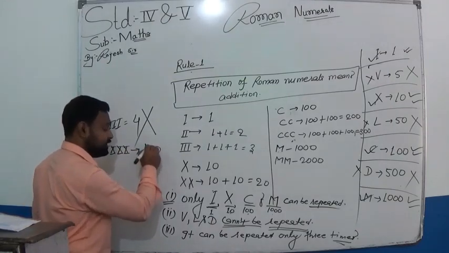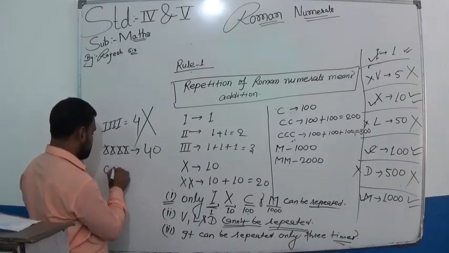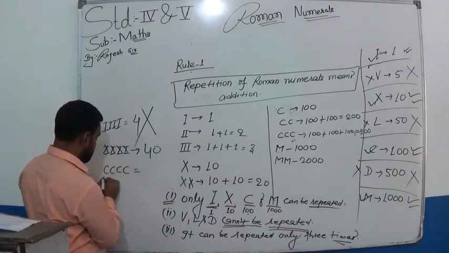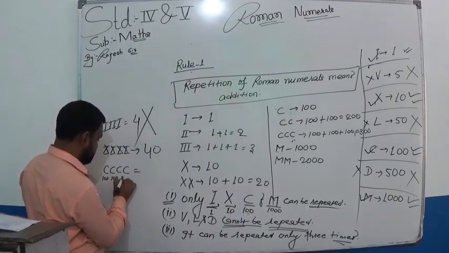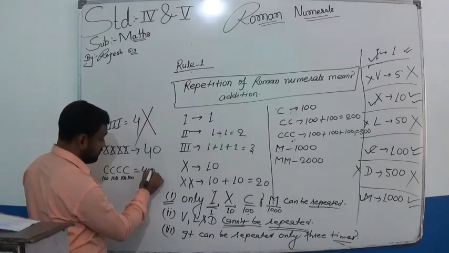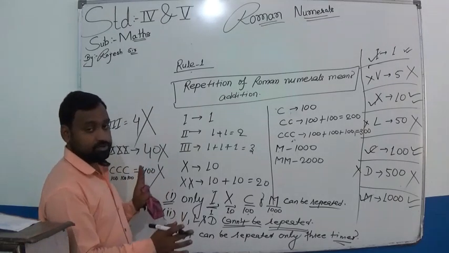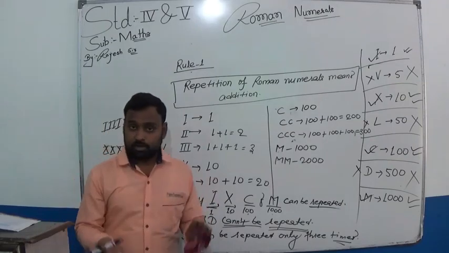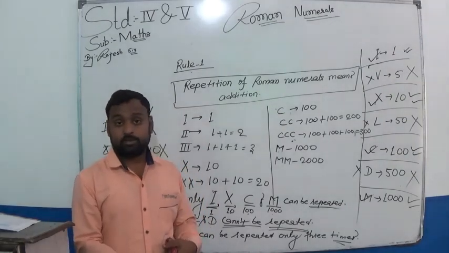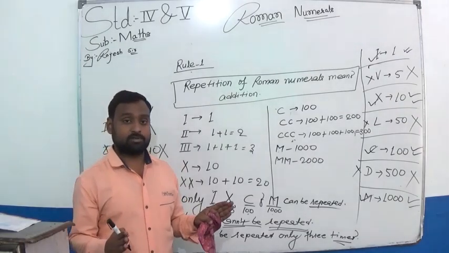For making 400, no, it will be wrong. We can't write 100, 100, 100, 100 for 400. It's wrong. We can't write it because Roman numerals can be repeated only 3 times, not more than 3 times.